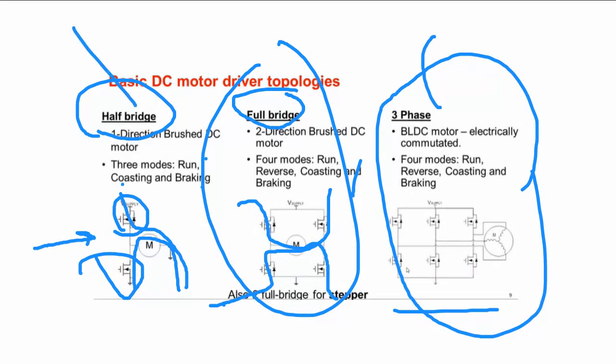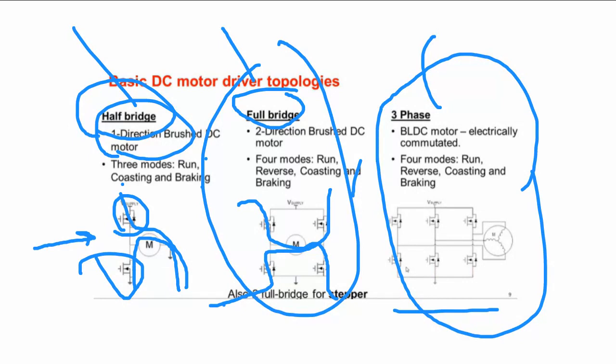If you use a half bridge, you can control a DC motor in only one direction. If you can design a full bridge, you will control a DC motor with all operation modes: clockwise, counterclockwise, regeneration, etc. If you have two full bridges, you will control a stepper motor.